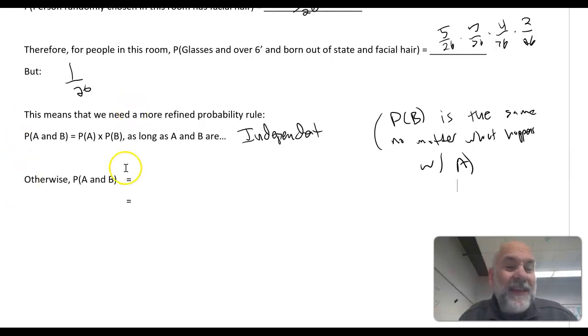So the probability of the second thing being true is totally the same no matter what happened when the first one happened. If A and B are independent, then the probability of A and B is the probability of A times the probability of B.